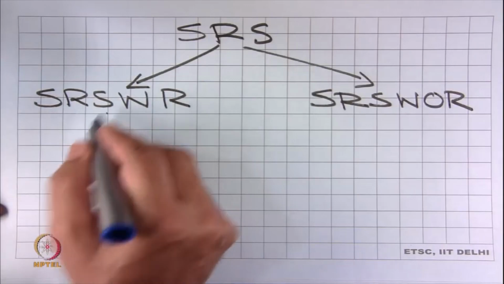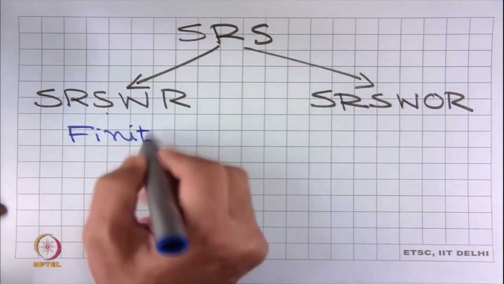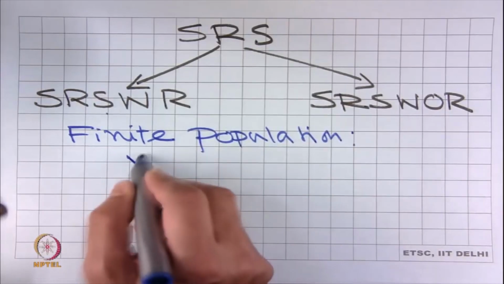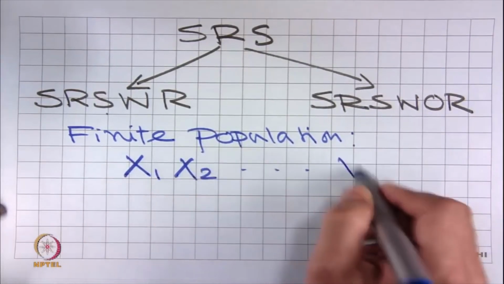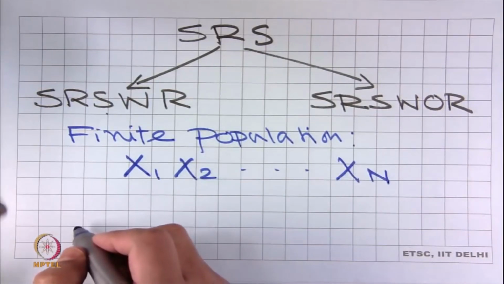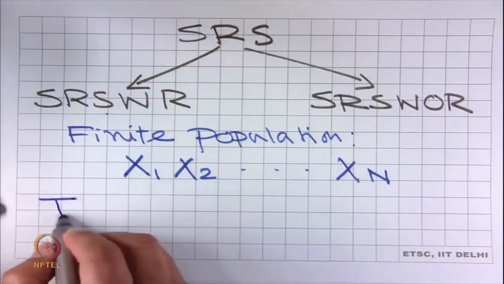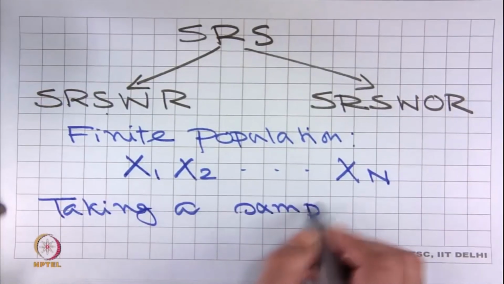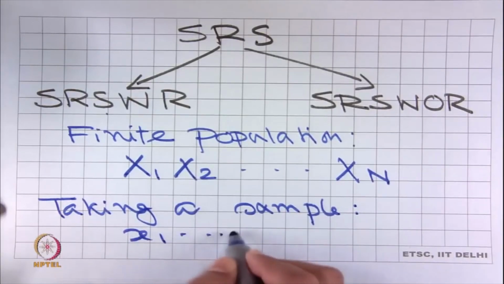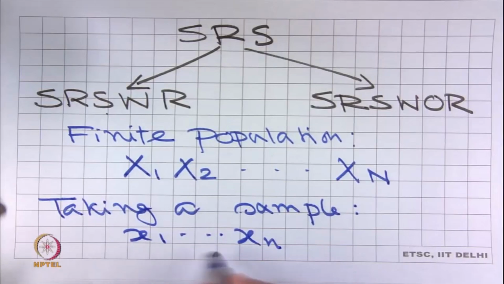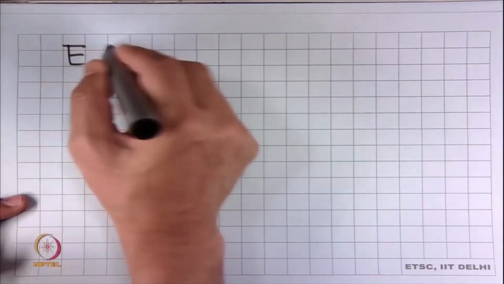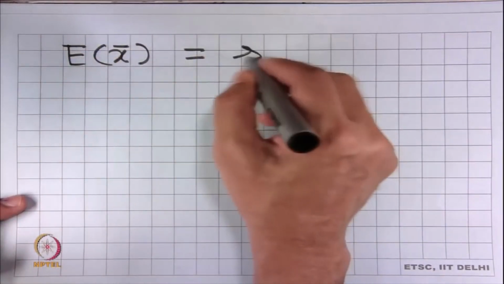What we have found is that if we take it from a finite population, let me call it x 1, x 2 up to x n, and we are talking about a small sample, each small x i is a random variable, and what we are looking at, expected value of x bar, is equal to the sample mean.